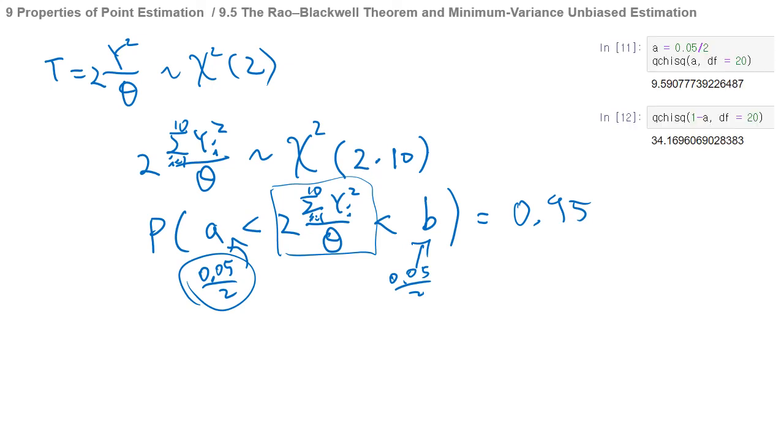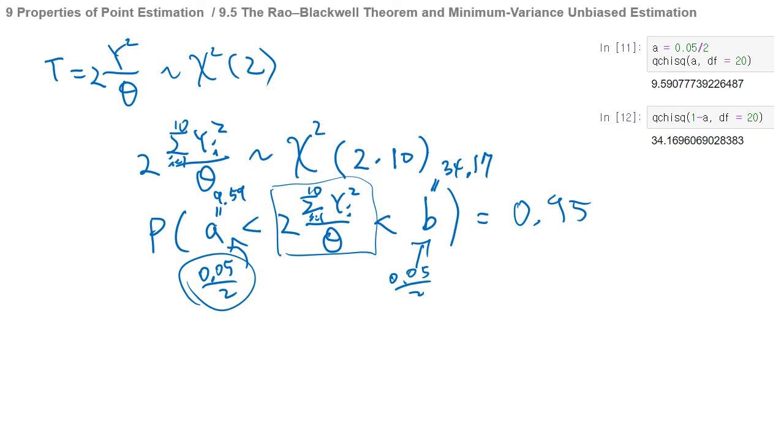To do that, we can use our R command to find the values A and B. The value A is 9.59, and our B is 34.17. And next, you can create the confidence interval for theta.